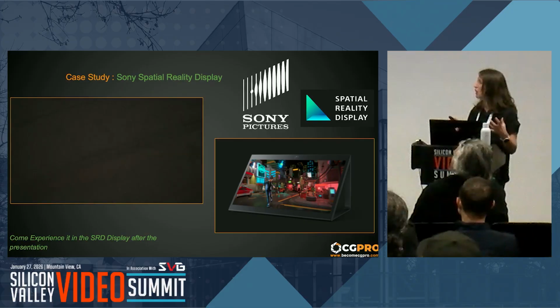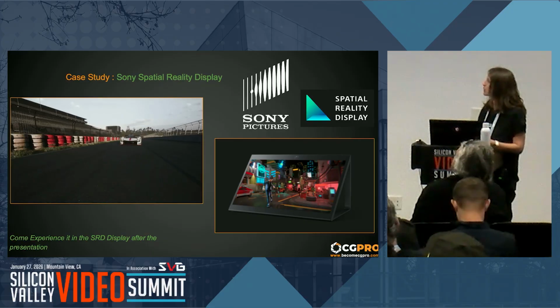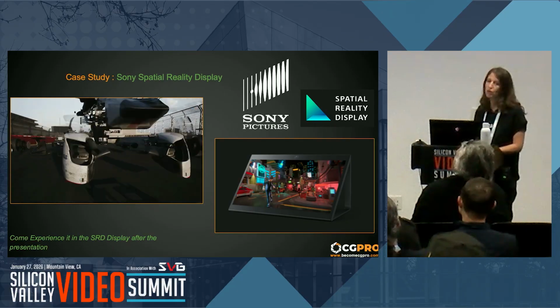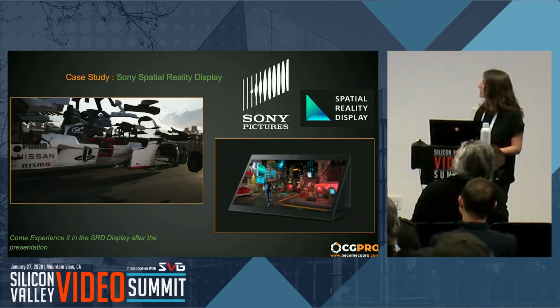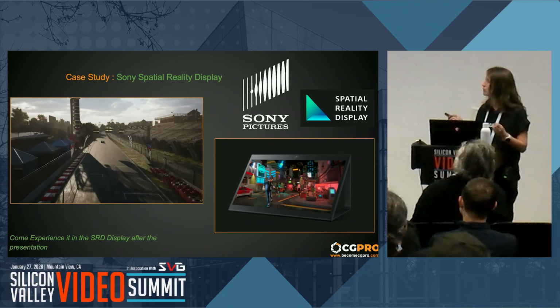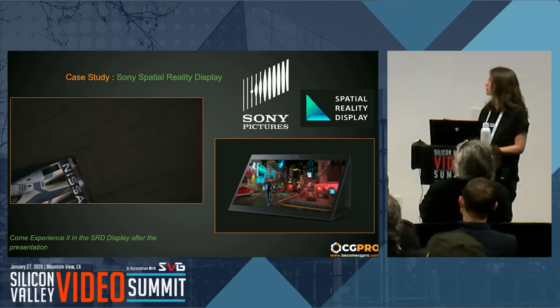So we took the actual car, we optimized it, we used it in Unreal Engine, and we put it into the Spatial Reality Display, which required a lot of R&D. But the old tools are still useful. We were able to use the tool in a multi-purpose way to create spatial, to create VR.